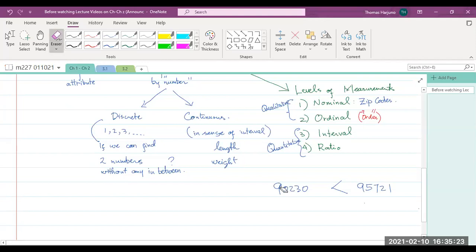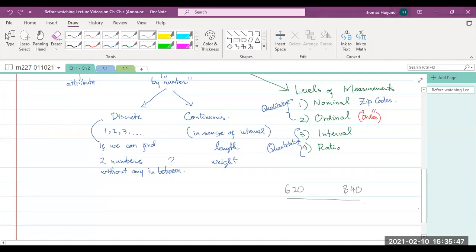Now your house number, maybe, if you live on the same street and your house number is 620 and somebody else lives at 840, for example, then you know that it doesn't mean 840 is better.